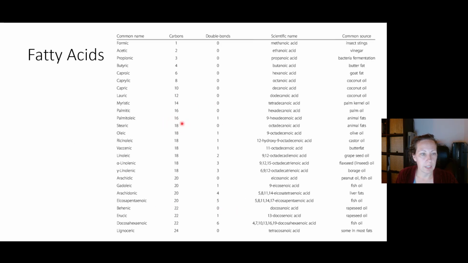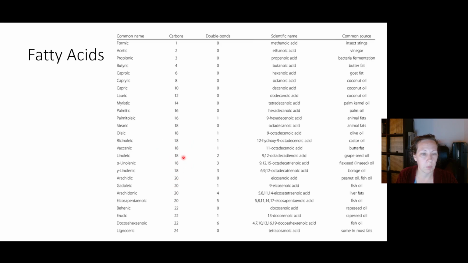But so we have 16 carbons, and if it has, for example, 0 double bonds, it's called palmitic acid, and there are scientific names that go with them too. Whereas 16 carbons and 1 double bond is palmitoleic, 18 carbons is stearic, 18 carbons with 1 double bond is oleic, and 18 with another 1 double bond, but in a different place, is another.